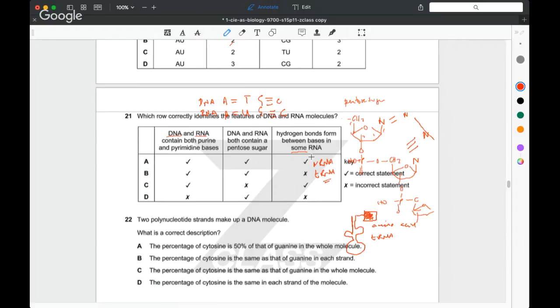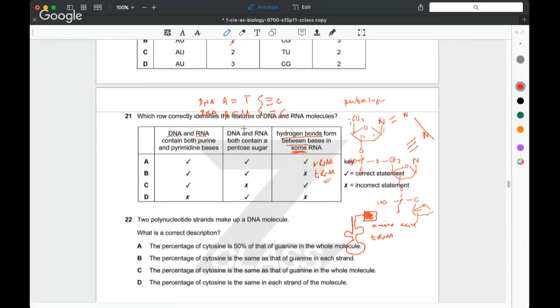So this is where this answer comes in, because hydrogen bonds form between bases in some RNA, while in transport RNA, because it is single-stranded but folded, those folds are held together by hydrogen bonds between the nitrogenous bases. Well, it's true that hydrogen bonds form between bases in transport RNA.